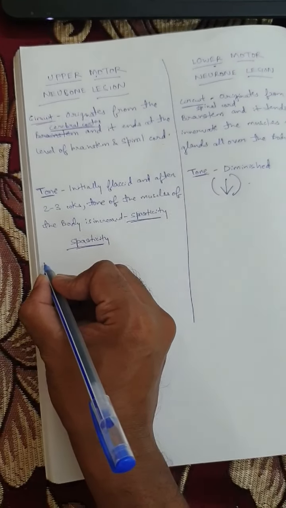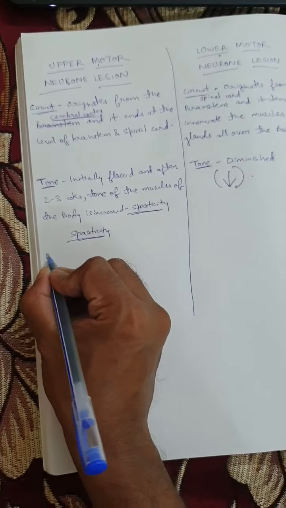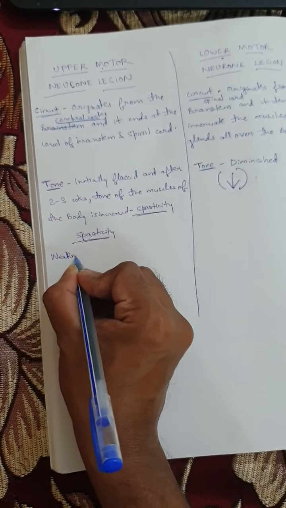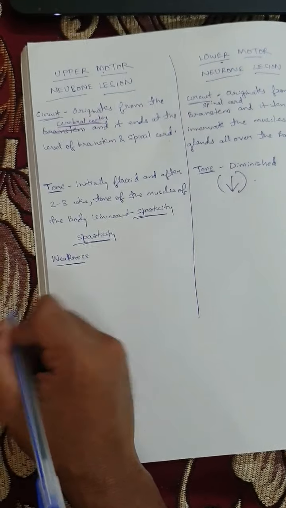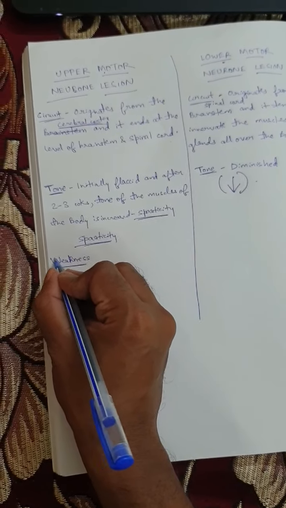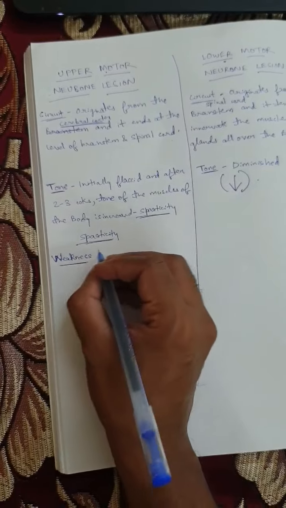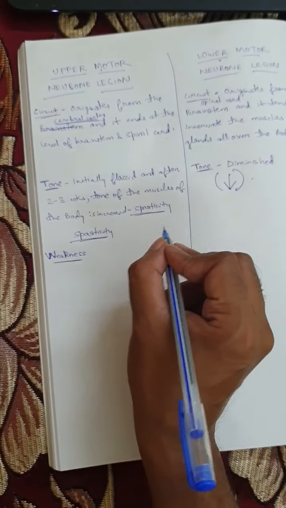Now the third subtopic is weakness. This is a common thing. Weakness is present in both the upper motor neuron and the lower motor neuron lesion.